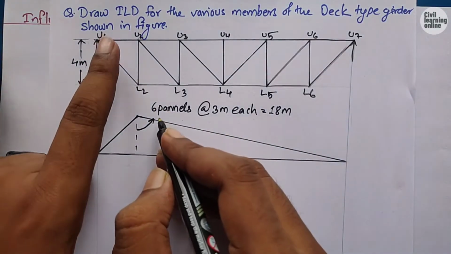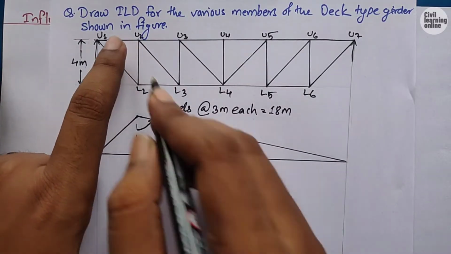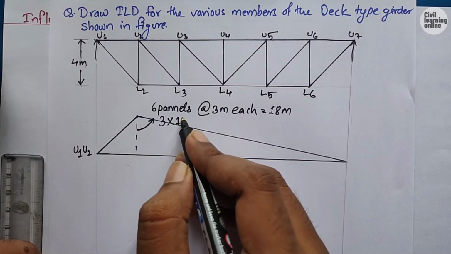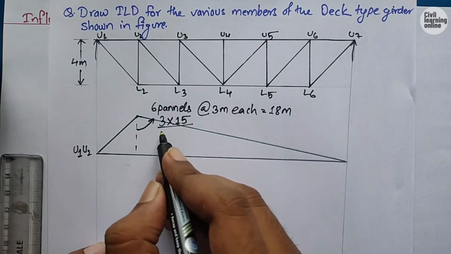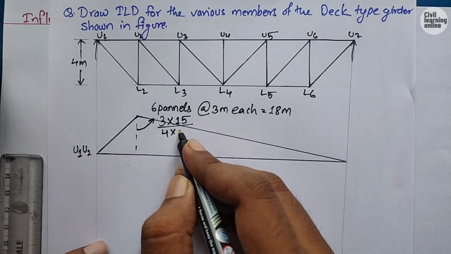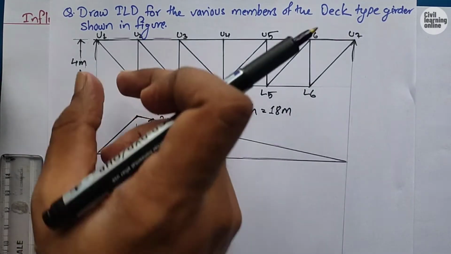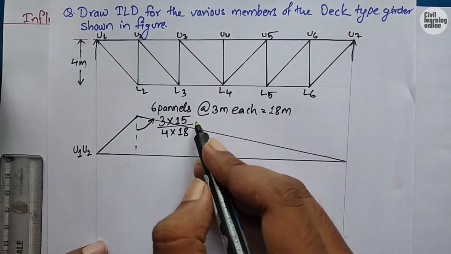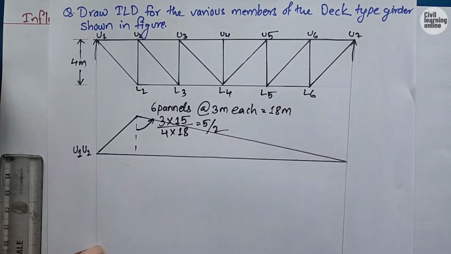So the U1 and U2 span is 3 meter, so 3 times the remaining span, which is 15, divided by the height of the bridge, that is 4 meter, and divided by the whole span, which is 18 meter. This portion is 3 meter and this portion is 15, so 3 times 15, and from here we will get 5 by 2.